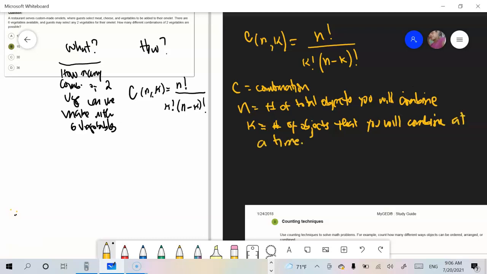That's the difference, okay, at a time. So now that we know what is what, let's use the formula.